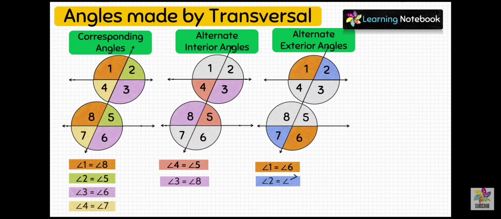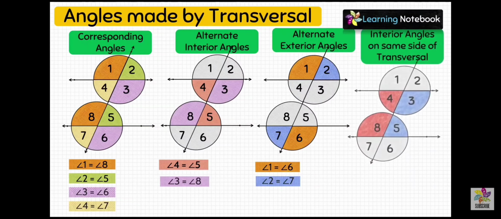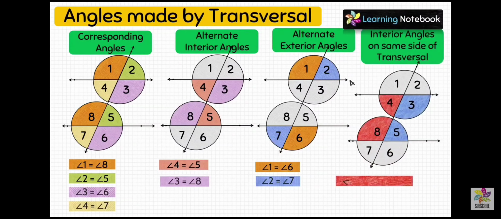That is, angle 1 equals angle 6 and angle 2 equals angle 7. And in the end, we proved that the pair of interior angles on the same side of transversal are supplementary. That is, angle 4 plus angle 8 equals 180.